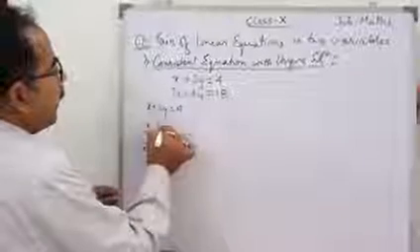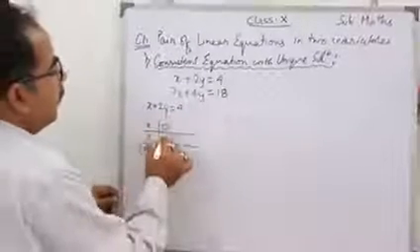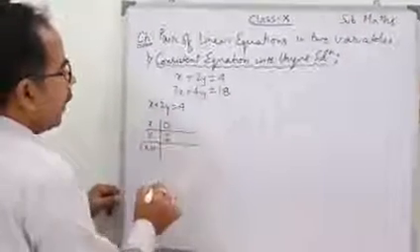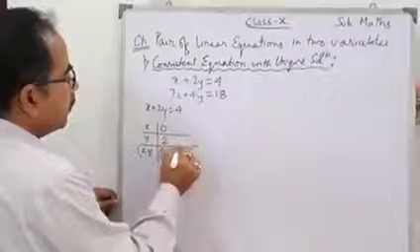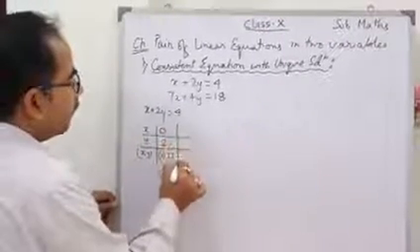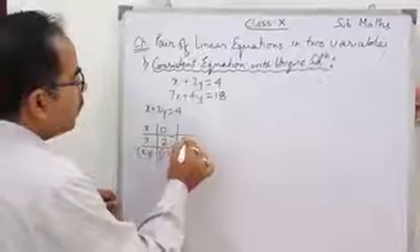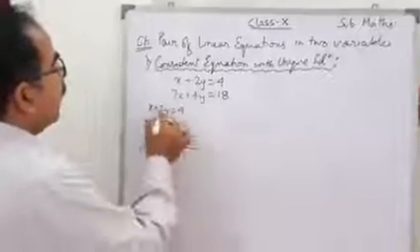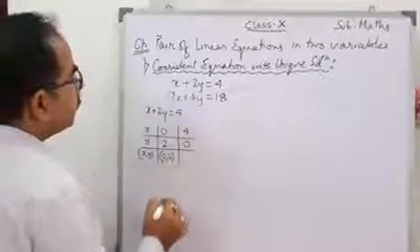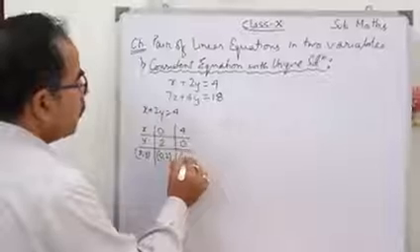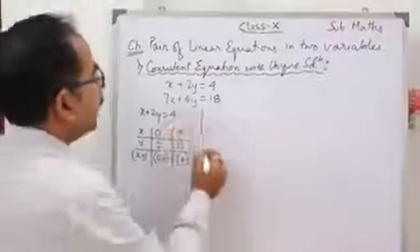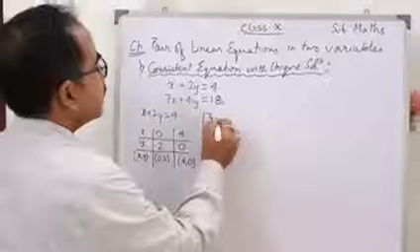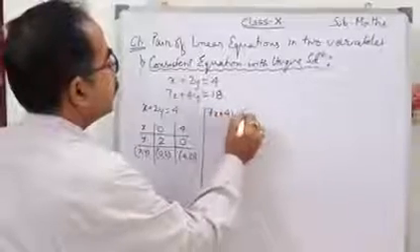Now if I take x equal to 0, the y will come as 2, correct? So the coordinates will be 0, 2. Now if I take y equal to 0, then x will be 4. So 4, 0.